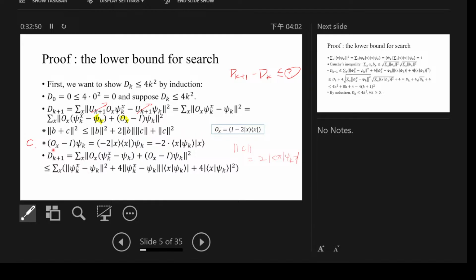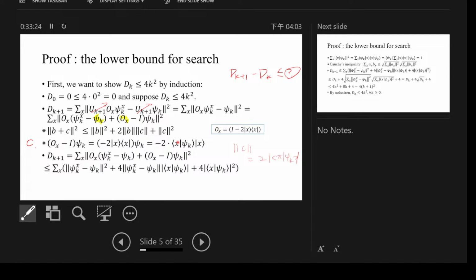Actually OX minus identity, we get rid of this identity, so it's minus 2 times the x projector on psi k. Now let's get back the ket notation. Remember, psi k is actually a ket, so this is minus 2 with some number times this computational basis state x. And the number is the inner product between x and psi k.